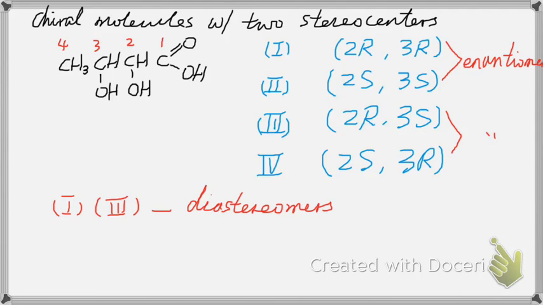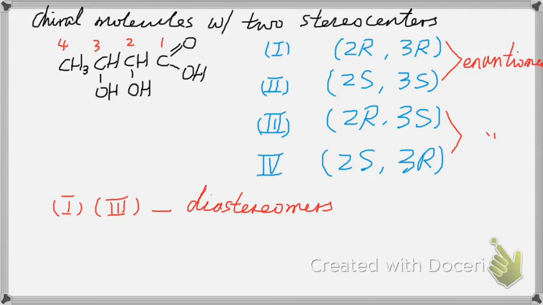And in this particular case, carbon 3 has a different arrangement of substituents, right? Basically, diastereomers are stereoisomers that are not enantiomers. Okay, they are not mirror images, but they are still stereoisomers of each other.